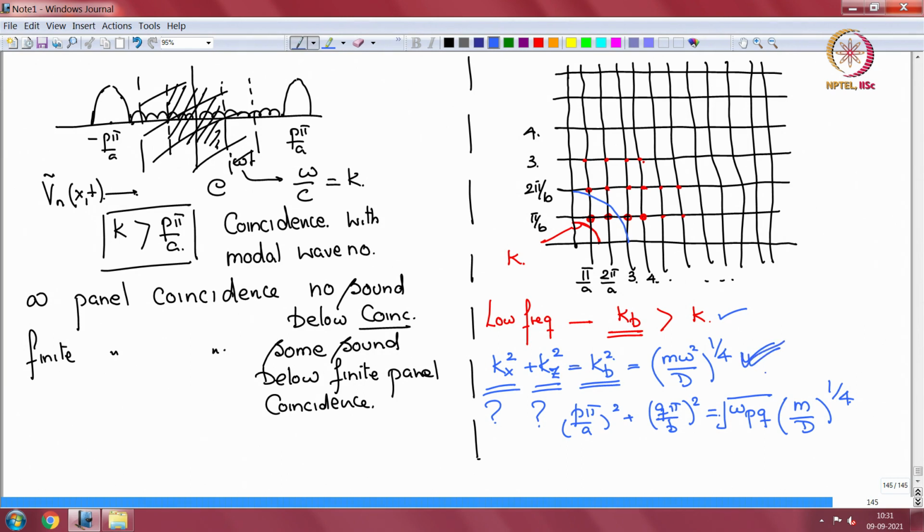However, when this KB line passes through these nodal points, then it obeys this law, which is those modes are in resonance. This is the equation for resonance of a mode.